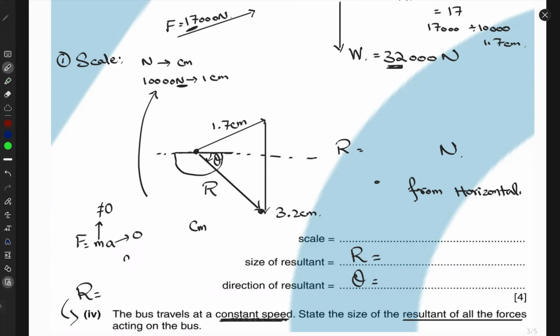And if acceleration is 0, it means that the change in velocity is 0, right? Because acceleration is change in velocity by some change in time. Now, of course, time is not 0. Change in velocity is 0, which means this is implying constant speed, right? Because there are no changing velocities.